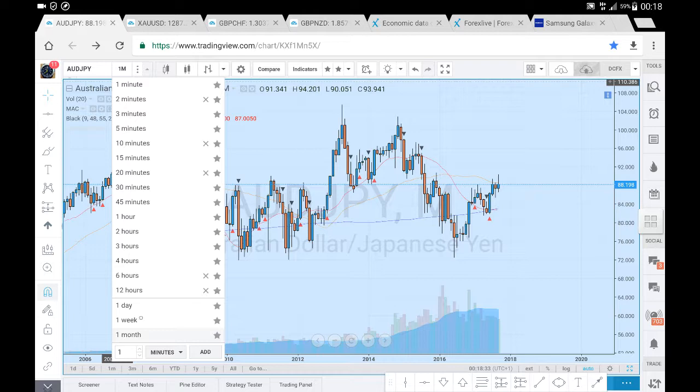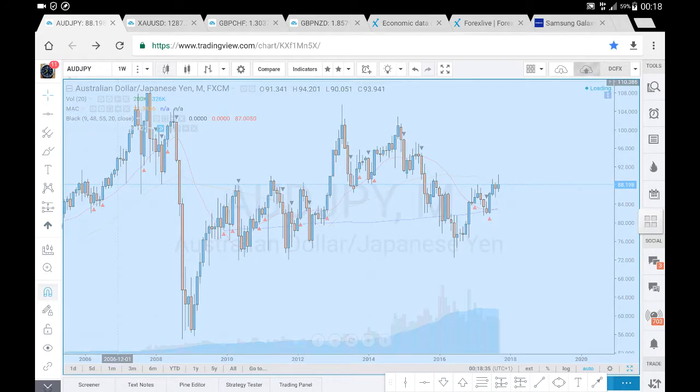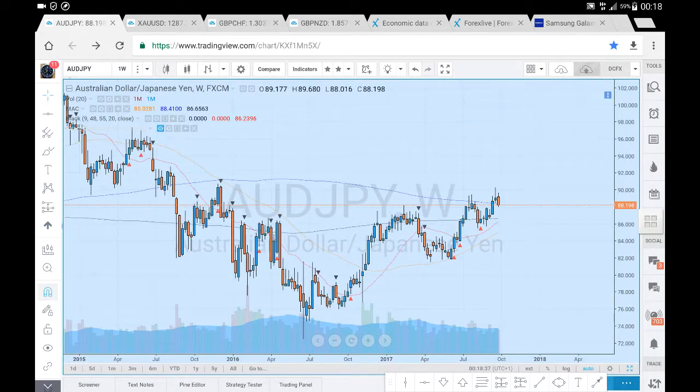On the weekly time frame, let's just see where we are in relation to where prices have been.